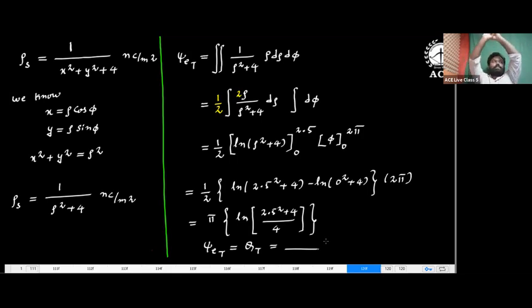Yes, how much is that? 2.95. Very good, very good. 2.95 nanocoulombs is the answer. Okay, beta. Let me turn the page here.